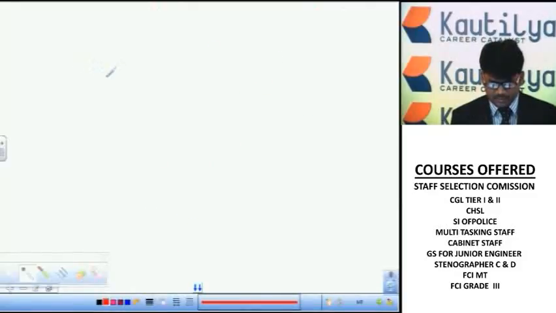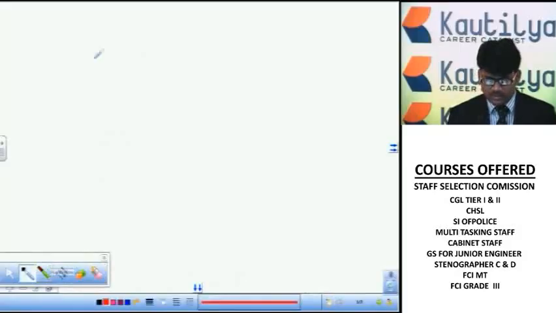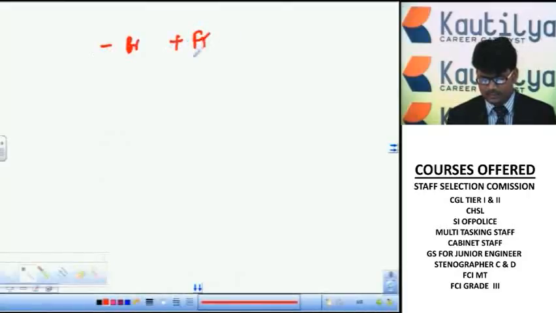Minus denotes brother, plus denotes father, multiplication denotes daughter.